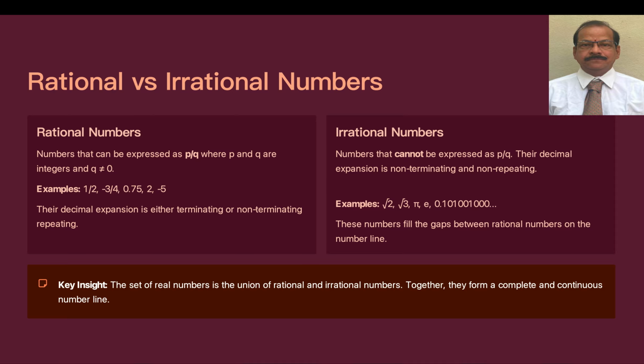Now examples are root 2 and square root of 3, which are non-perfect squares. Square roots of non-perfect squares are irrational. And we know pi in a circle, we come across this very frequently. Pi is nothing but the ratio of the circumference to the diameter.